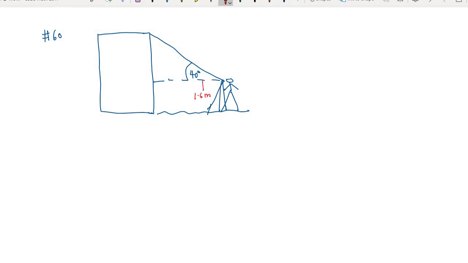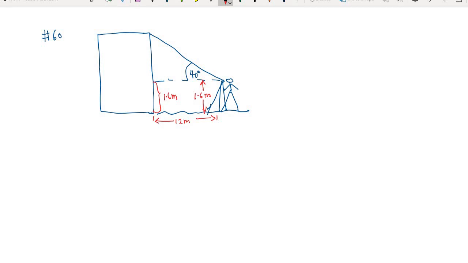So this distance from here to the ground is 1.6. Of course, it also corresponds to that part of the building, which is 1.6 meters on this side. So we need to determine the height of the building. We are also told that he's standing 12 meters away from the building.